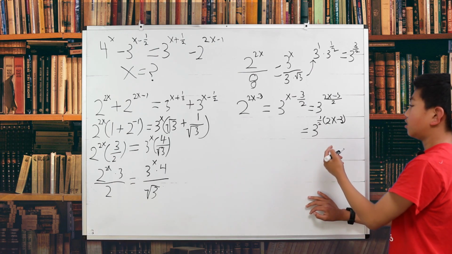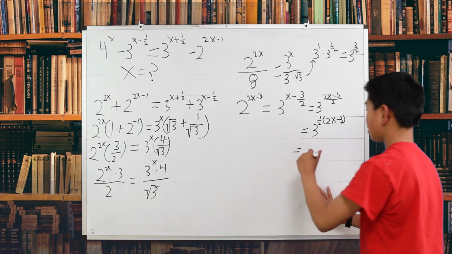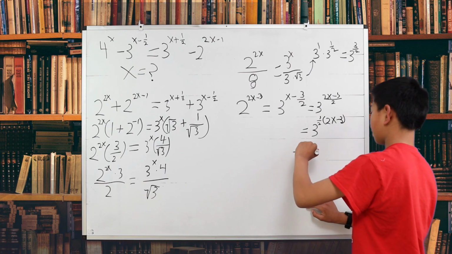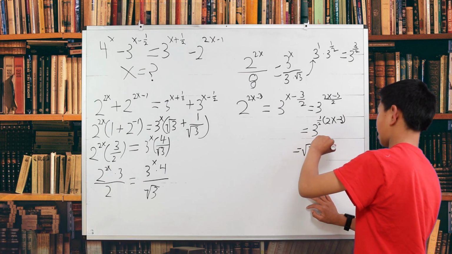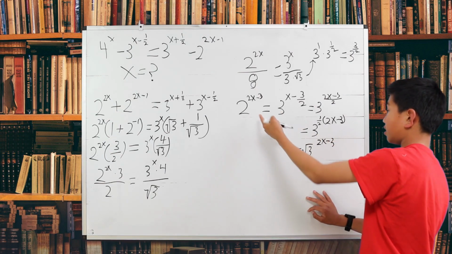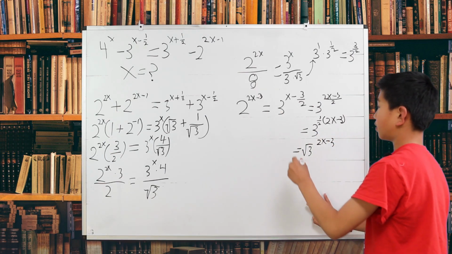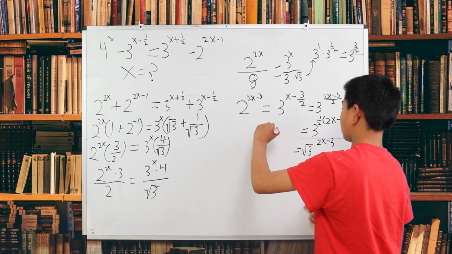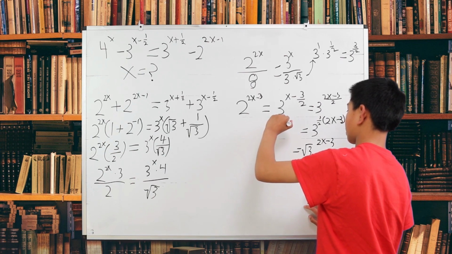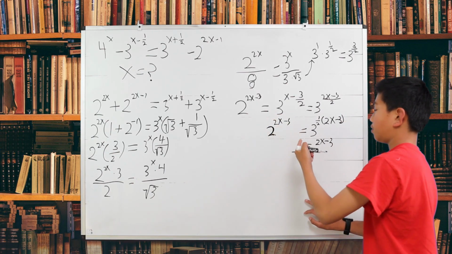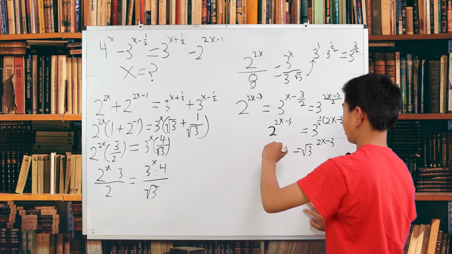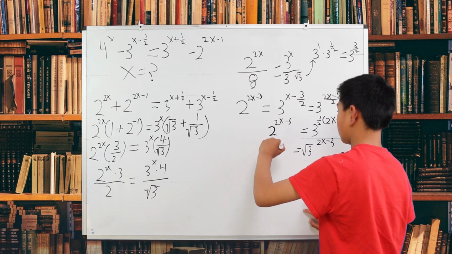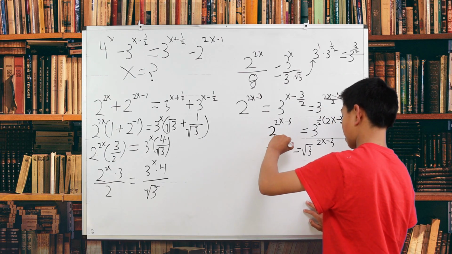And this, I'll just write it down here, is the square root of 3 to the power of 2x minus 3. And this still stays the same throughout. This is still 2 to the power of 2x minus 3. We didn't change anything with the left side, so it's still completely the same.